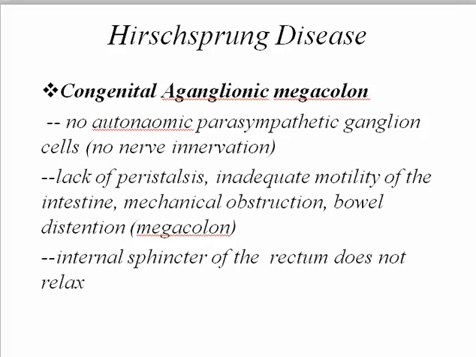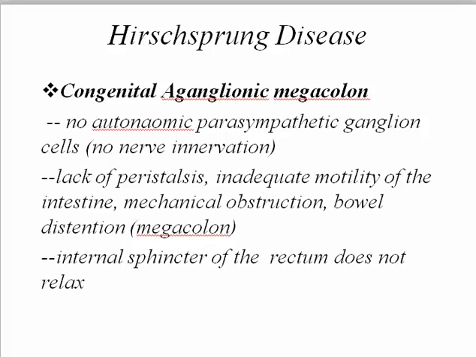The term congenital aganglionic megacolon describes the primary defect where there are no autonomic parasympathetic ganglion cells in the submucosal and mesenteric plexuses of one or more segments of the colon. So essentially there's no nerve innervation. There's a lack of peristalsis, and the internal sphincter of the rectum does not relax.